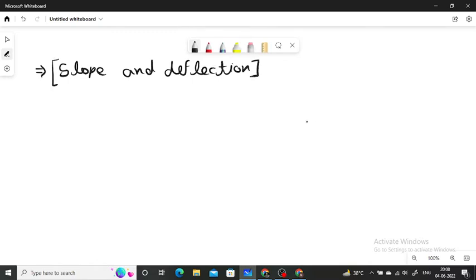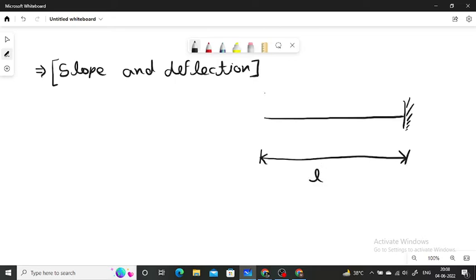Let us consider a cantilever beam of length L having a point load W at its free end. Okay. Due to this point load, beam will deflect like this.